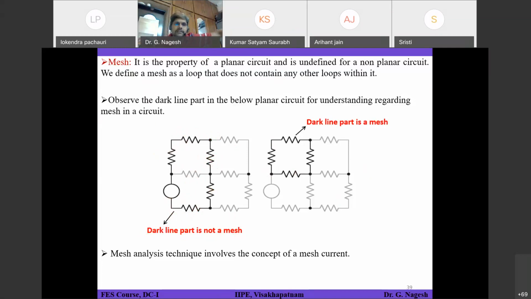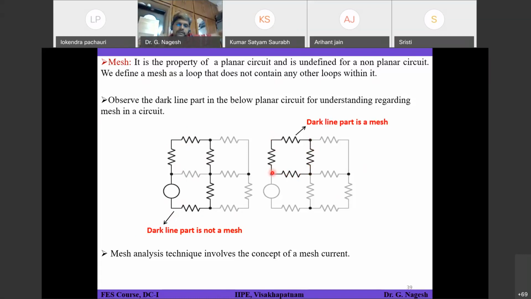So what they are saying, a mesh is a loop that does not contain any more loops within it. So if you see circuit 2, this can be called a mesh. Why? Because there are no more loops within this loop. So that's why this loop is called a mesh. Is it clear? So a mesh is one which should not consist of any more loops within it. Then only you will call it a mesh.